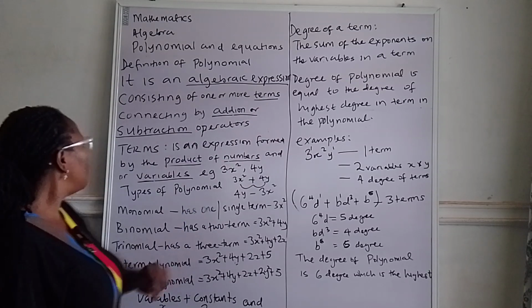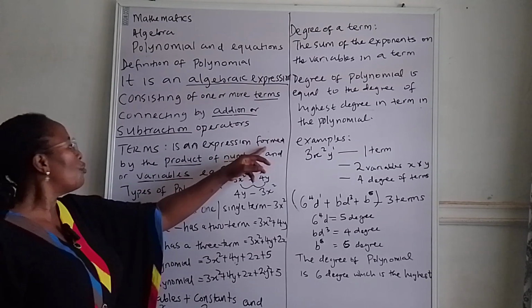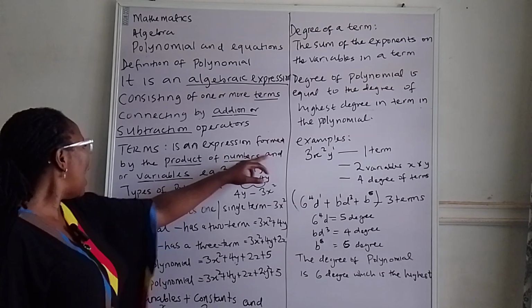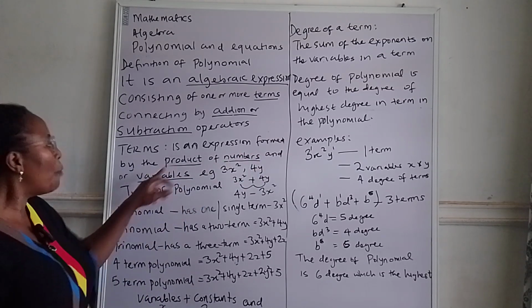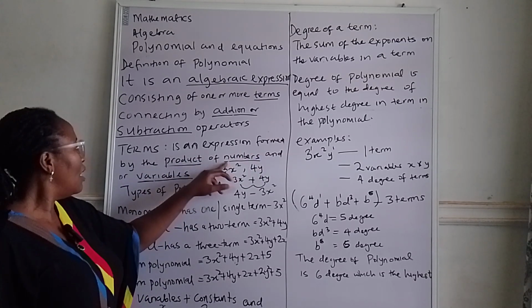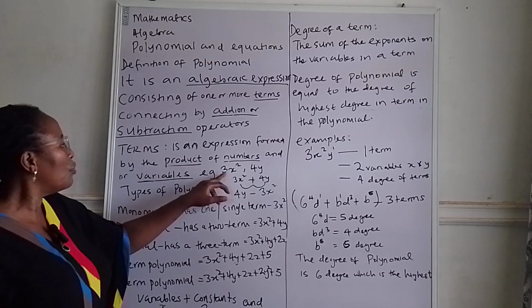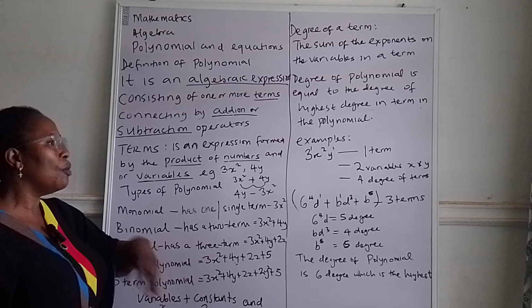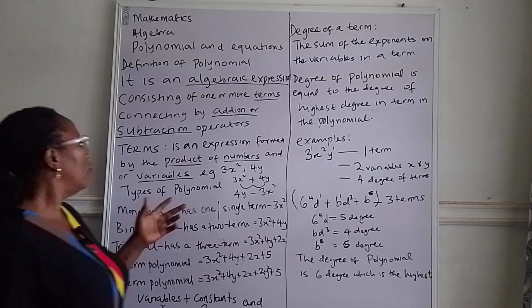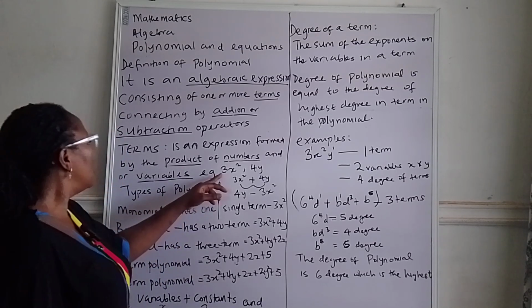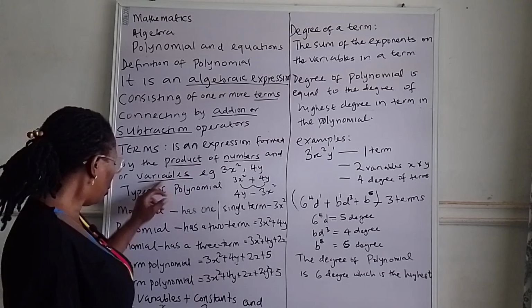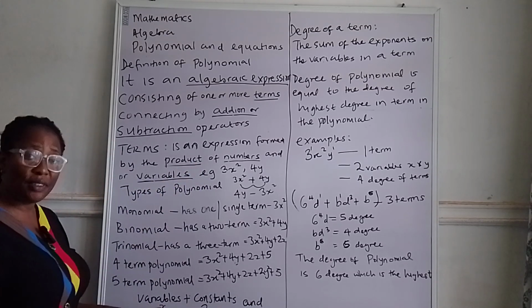And terms, by definition, are expressions formed by the products of numbers and or variables. A term is a product of numbers. I've already told us what a number is. A number is 1, 2, 3 to infinity. Then we have a variable. I've already told us what a variable is. A variable is x.